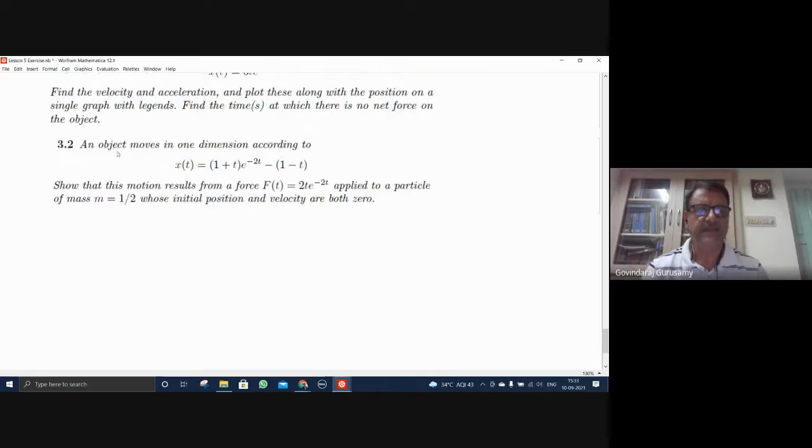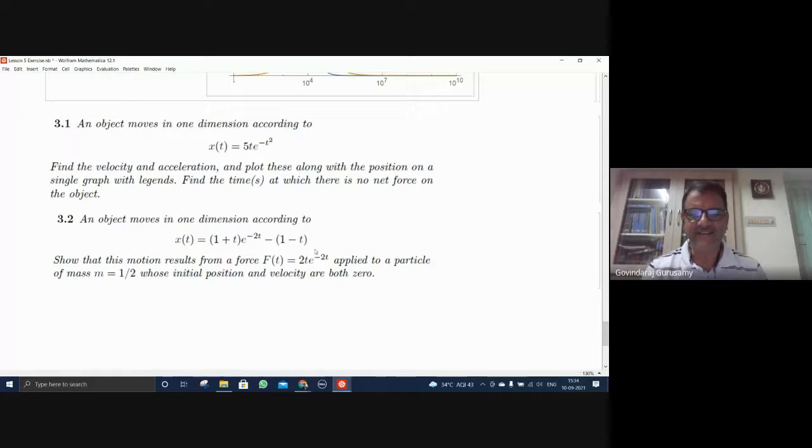Next is, an object moves in one dimension according to this equation, x of t, so that this motion results from a force. This is another way, similar to this, isn't it? They apply to a particle of mass m equal to half, whose initial position and velocity are both 0.